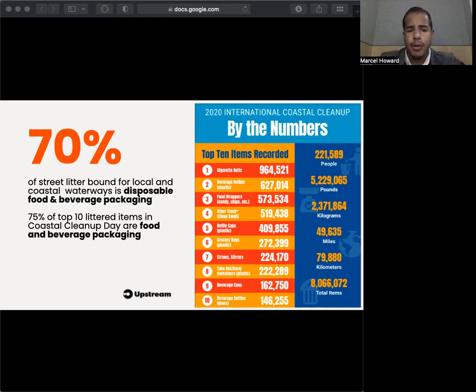While as an individual item, cigarette butts have always topped the charts of Coastal Cleanup Day data, looking more closely, we see that grouped together, about 75% of the top 10 littered items are food and beverage packaging. Meanwhile, other litter studies show that about 70% of the products that are littered on city streets, which flow through storm drains and out to nearby creeks, rivers, beaches, and coastal waterways, is comprised of single-use food and beverage packaging.